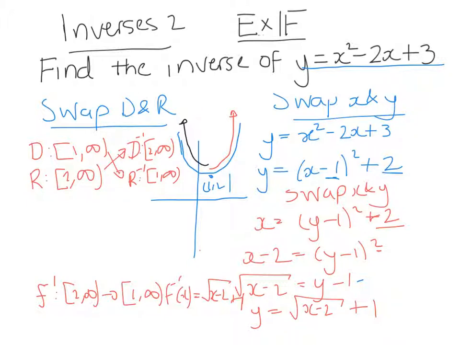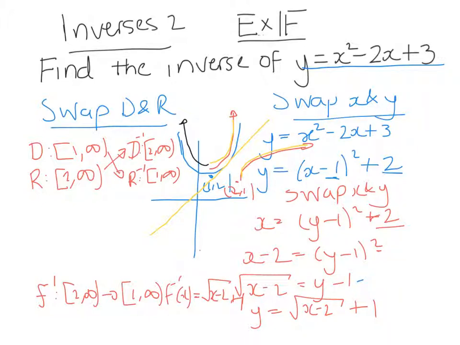And that would start over here, say at 2, 1, and it will go like that. You can see how, in the line y equals x there, this part here would be a mirror image of this part here. Now there is also another inverse if you'd like.